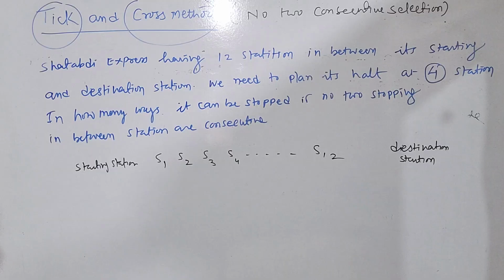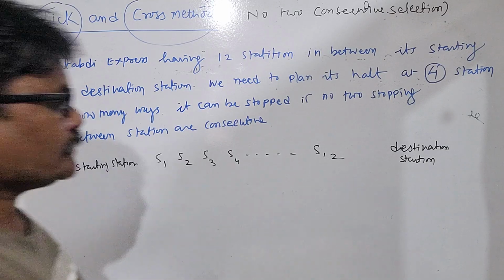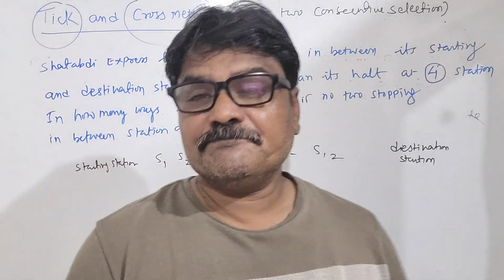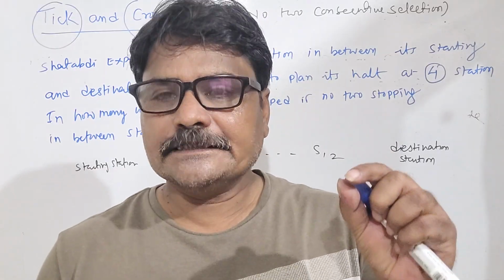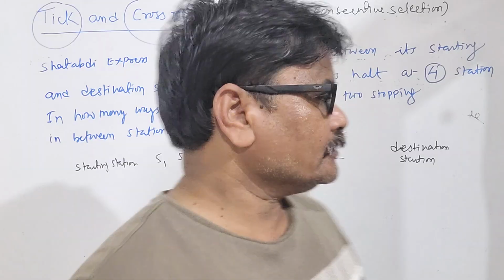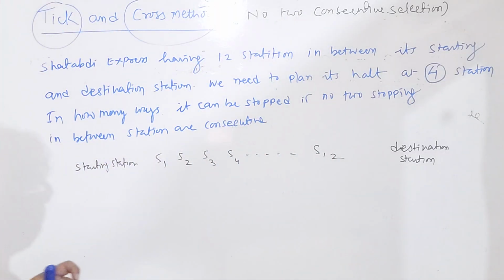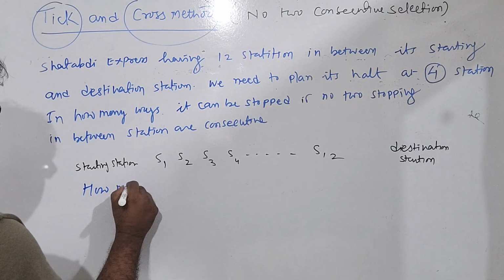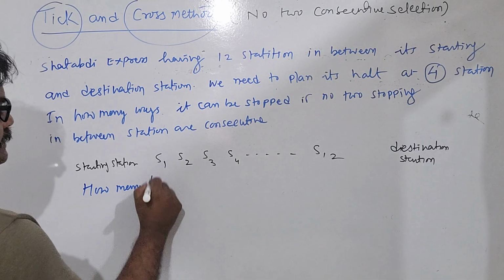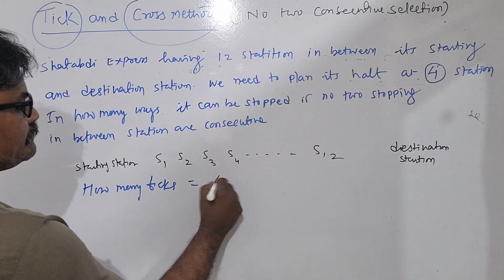Out of these 12 stations we have to select 4 stations in such a way that no two stations are consecutive. That is what the question says. So how many ticks? There will be 4 ticks.